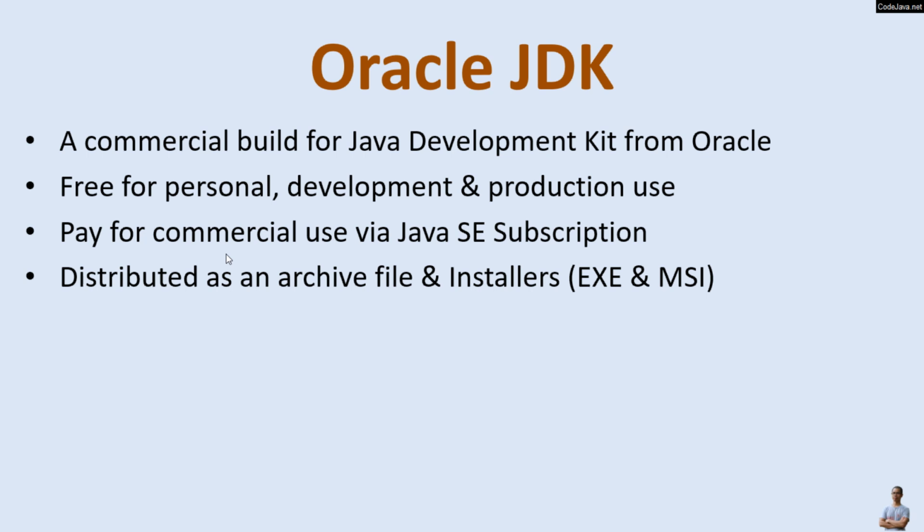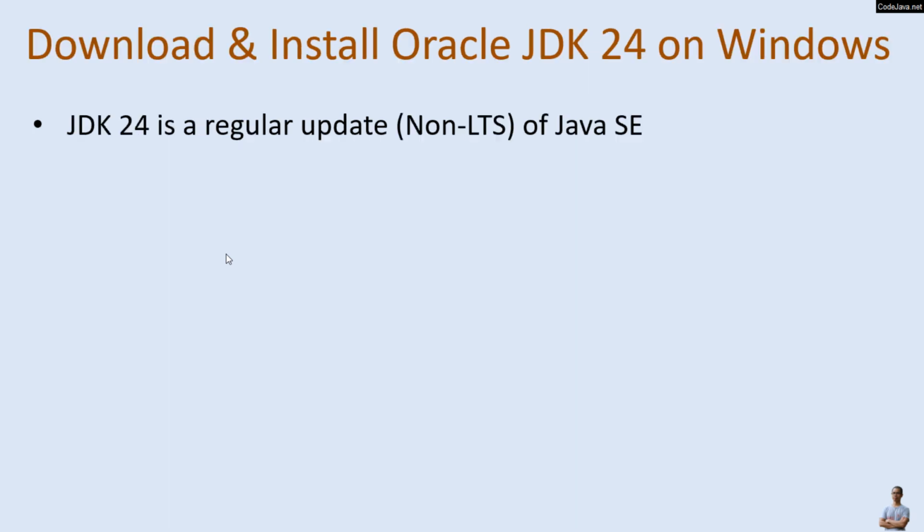Oracle JDK is distributed as an archive file as well as installers for Windows operating system such as EXE and MSI. So it's very simple and easy to set up Java Development Kit with Oracle JDK distribution on a Windows computer. So you can get started with Java programming very easily.